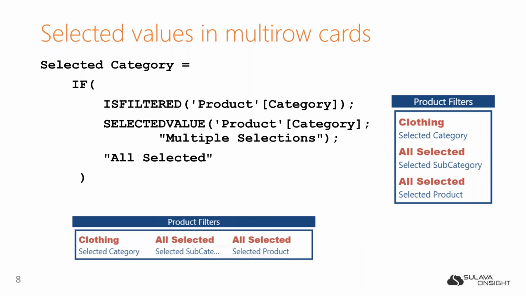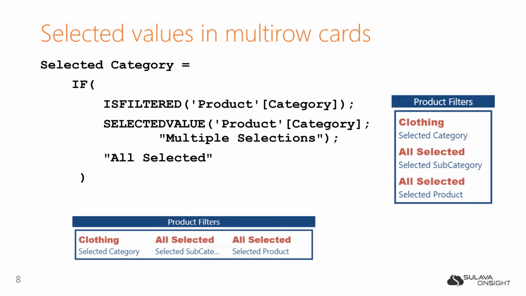And then I put these measures into multi-row cards. These are easy to show either horizontally or vertically. Put them on top of your report, bottom or right or left, and give the users the ability also to see all the selections like this.